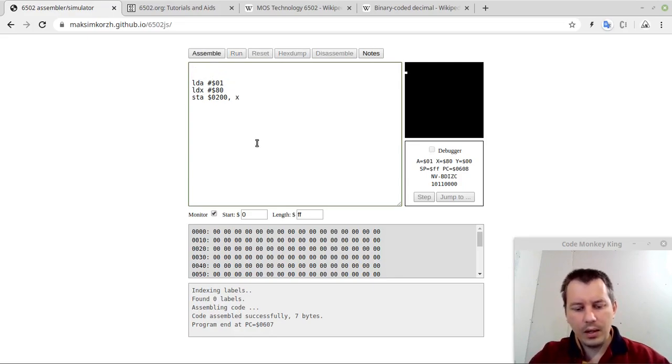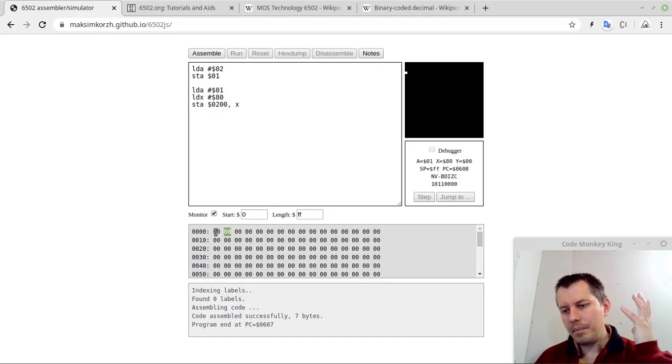If I say LDA 02 and store it at 01, I store the value of 2 here, and then 0002 is going to be the little endian byte order for this absolute address that we're going to be referencing indirectly. So let's get rid of this for a while.